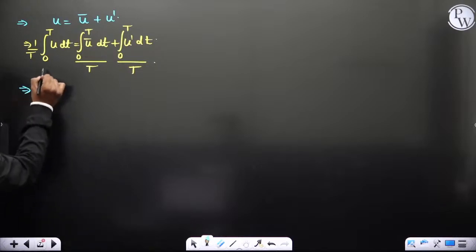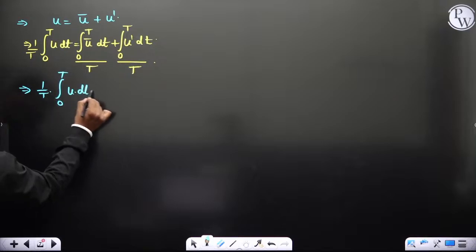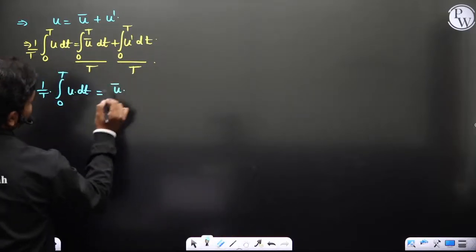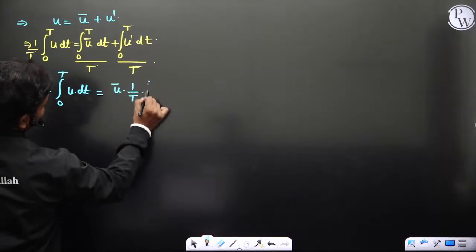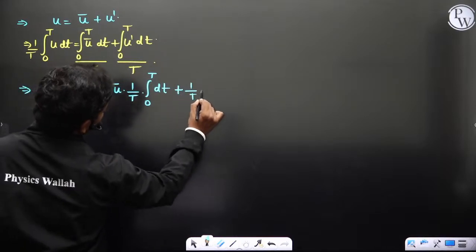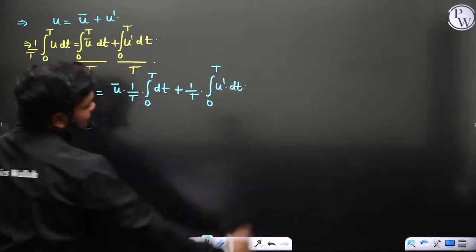So this gives you 1 by t integral 0 to t of u dt is equal to u bar times 1 by t integral 0 to t of dt plus 1 by t integral 0 to t of u dash dt. This is the simple equation you have.